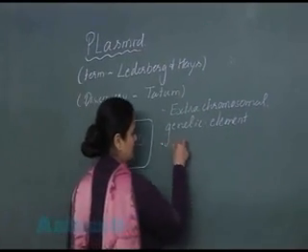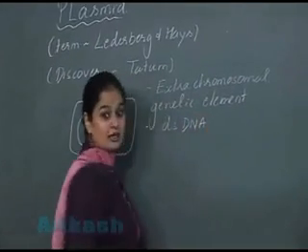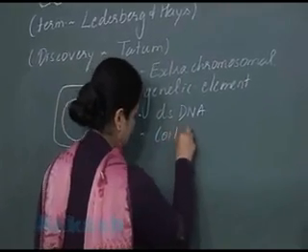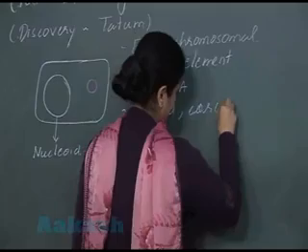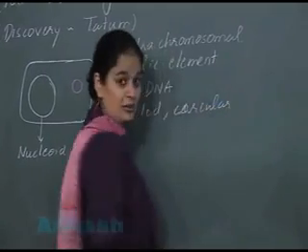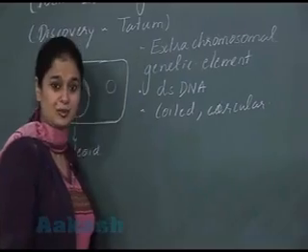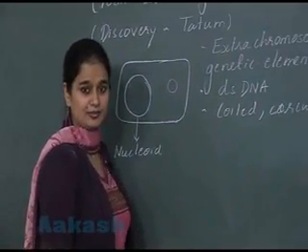Again, plasmid is dsDNA. What do you mean by ds? Double-stranded. And it is circular as well as coiled, the same condition as the main DNA.